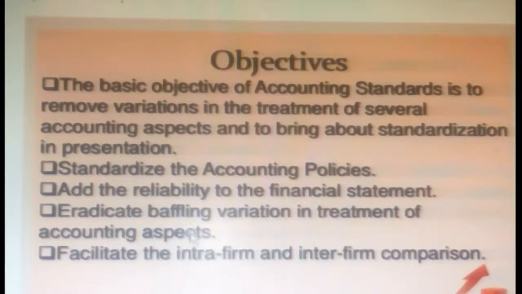So eradicate baffling variation in the treatment of accounting aspects. We have to avoid unwanted variations whenever you are treating an accounting transaction. Okay, so it facilitates intra-firm and inter-firm comparison, that is, one company with different companies or the same sister concern, correct. That is the main objective of accounting standards.